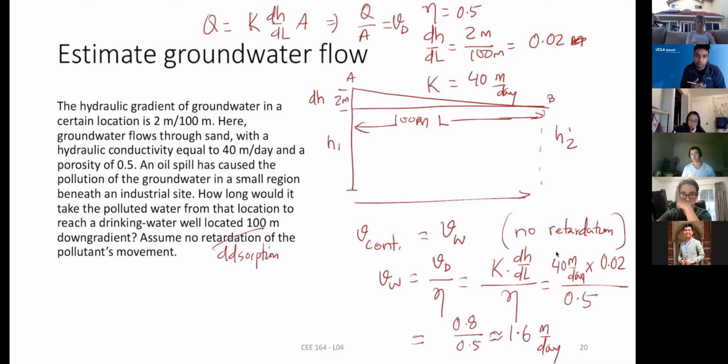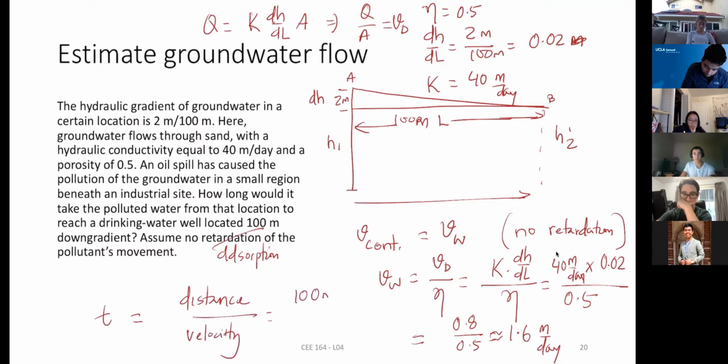So I ask how long it will take for polluted water to move to a location 100 meters away. That means how long it will take to travel 100 meters. So the time would be distance divided by velocity of the contaminant.